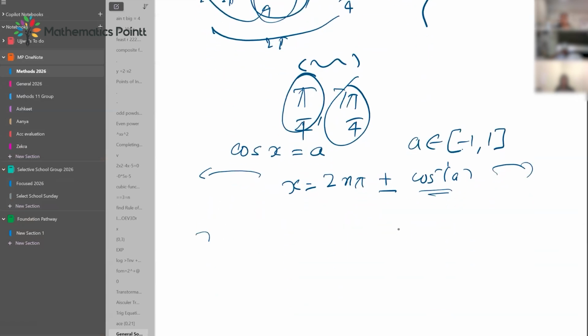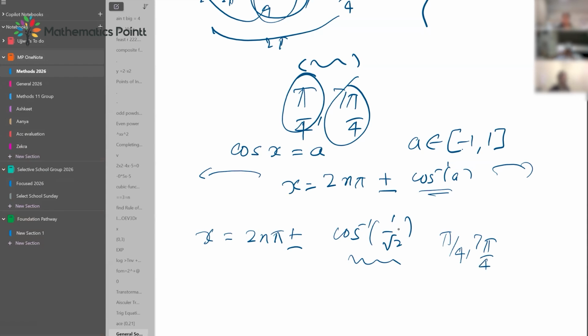So my solution was 2n pi plus minus cos inverse, and I was given 1 over root 2. What was this? This was 2 values, pi on 4 and 7 pi on 4.